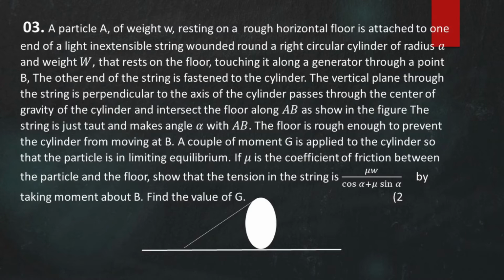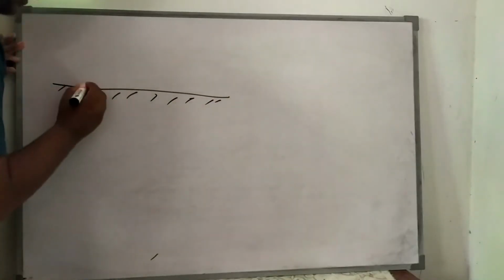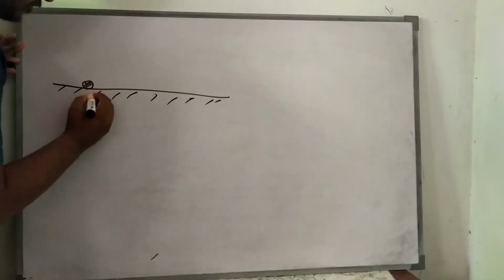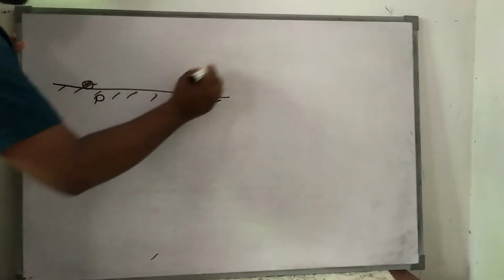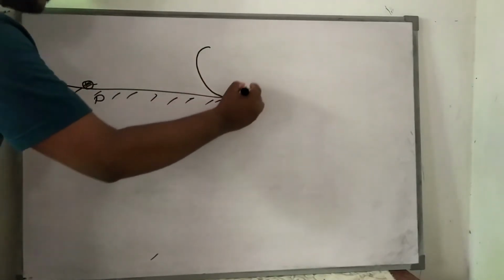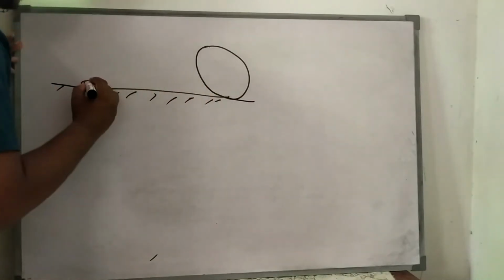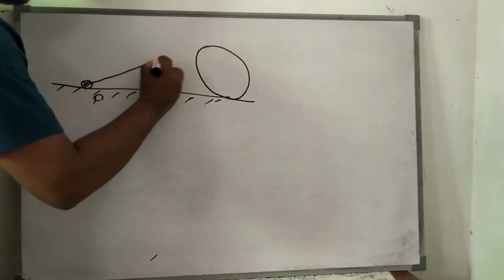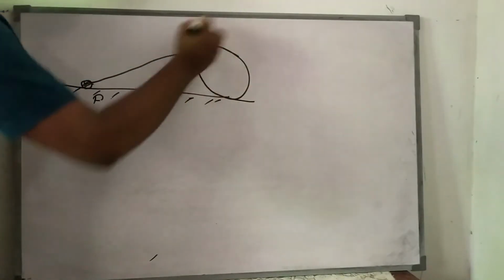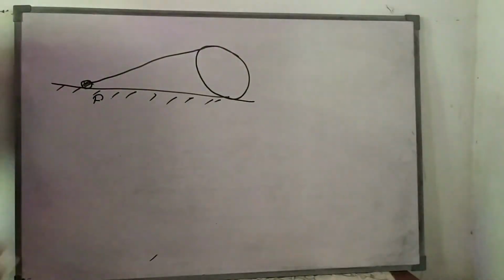So first of all, they have provided the diagram, right? It is easy for us. And you just need to continue the sum, including all forces. This is my particle P. It is attached by a string and it's wound around a cylinder.